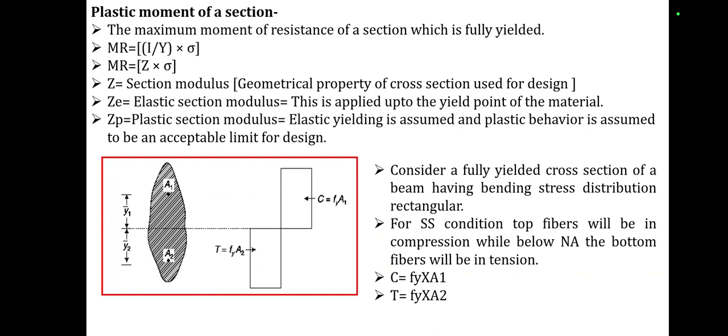The compression will be equal to Fy into A1 and tension will be equal to Fy into A2. For equilibrium, the force in the compression must be equal to tension. So compression is equal to tension, Fy into A1 is equal to Fy into A2.